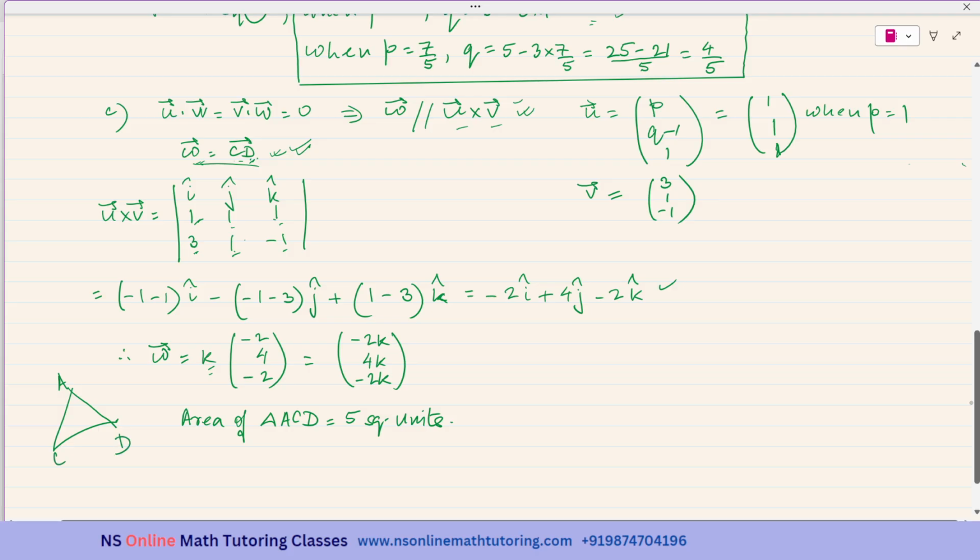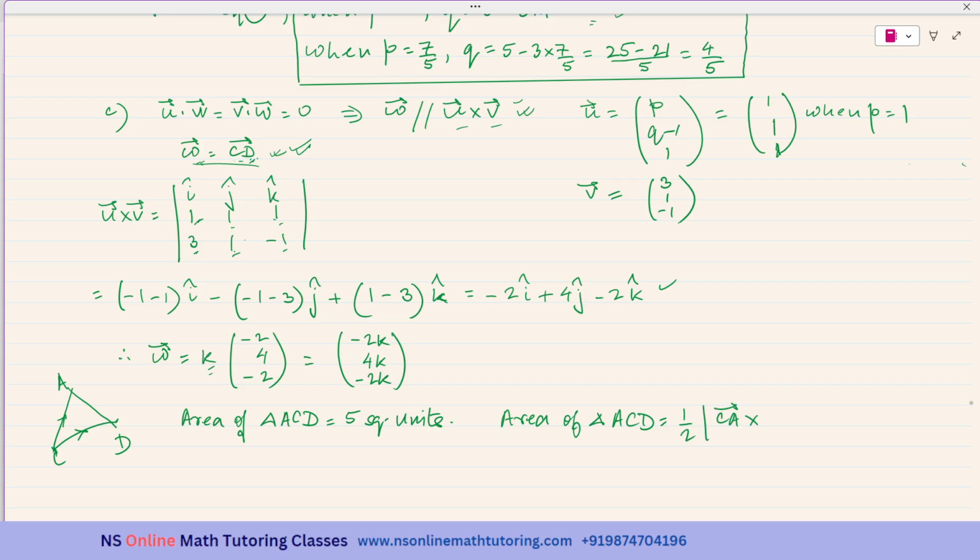What will be the vector formula for the area of this triangle? We will be starting with this common point C. So it will be half times the magnitude of the vector product of CA and CD. So area of triangle ACD is equal to half times CA cross CD.